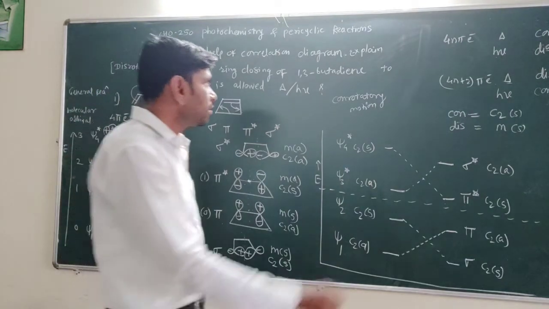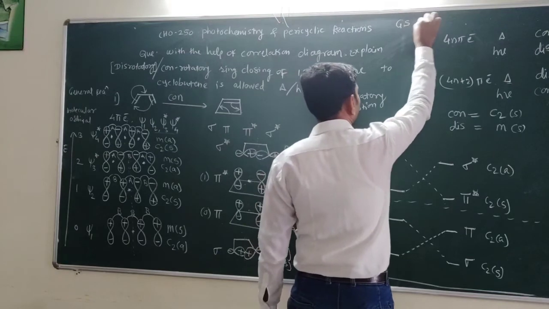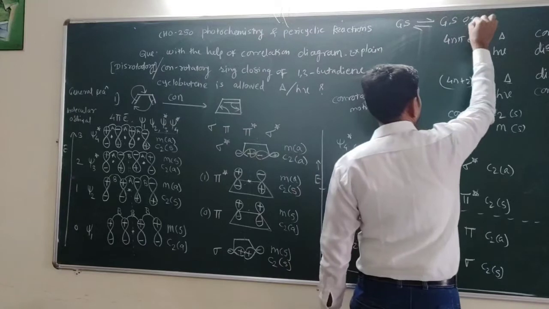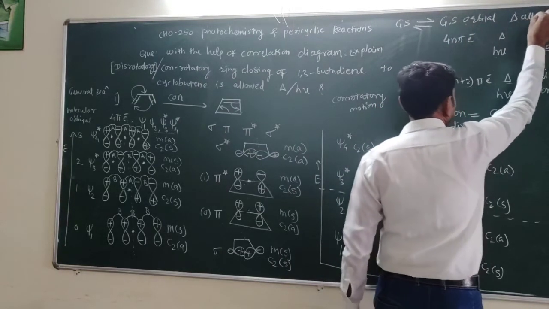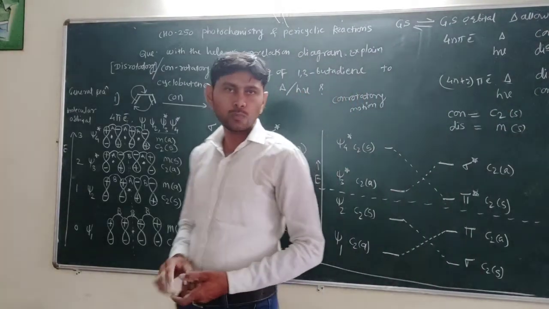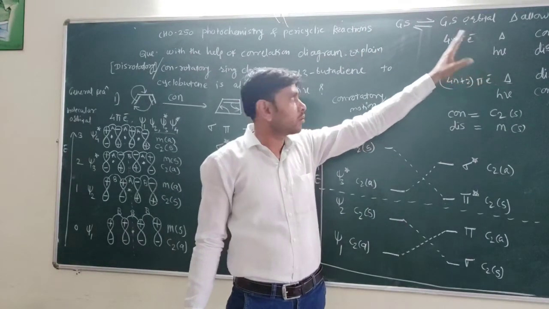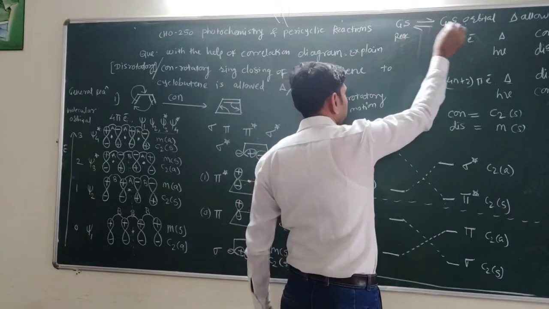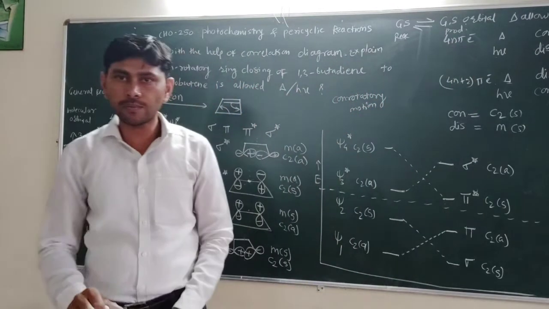So what can we say? If a ground state orbital correlates with a ground state orbital, then the reaction is thermally allowed. When the ground state orbitals of the reactant correlate with the ground state orbitals of the product, then such a reaction is thermally allowed.